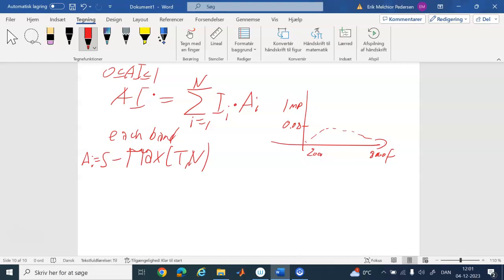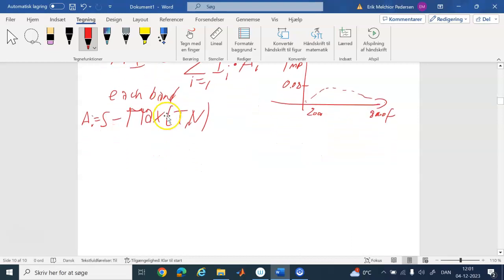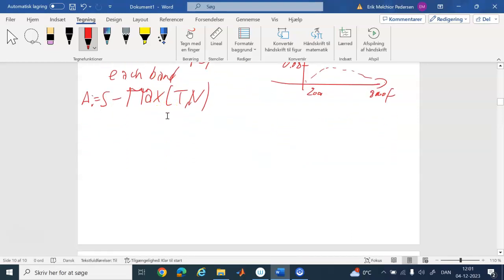And then we get a number, and this AI index is transformed to speech intelligibility. For instance, if you have numbers or very simple words, they are easy to understand.